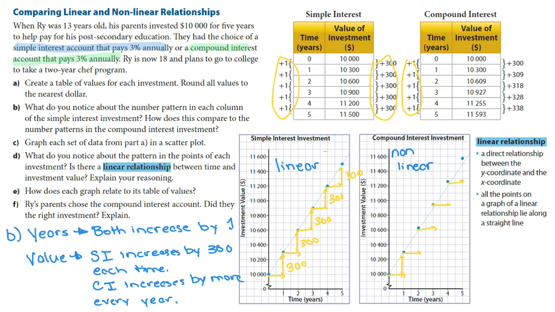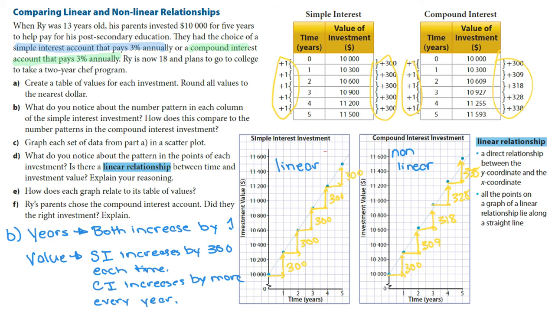In the second graph, it follows the same idea, but how much the points increase by changes, just like they do in the table. So it goes up by 300, and then 309, and then 318, and then 328, and then 338, just like these values do here.